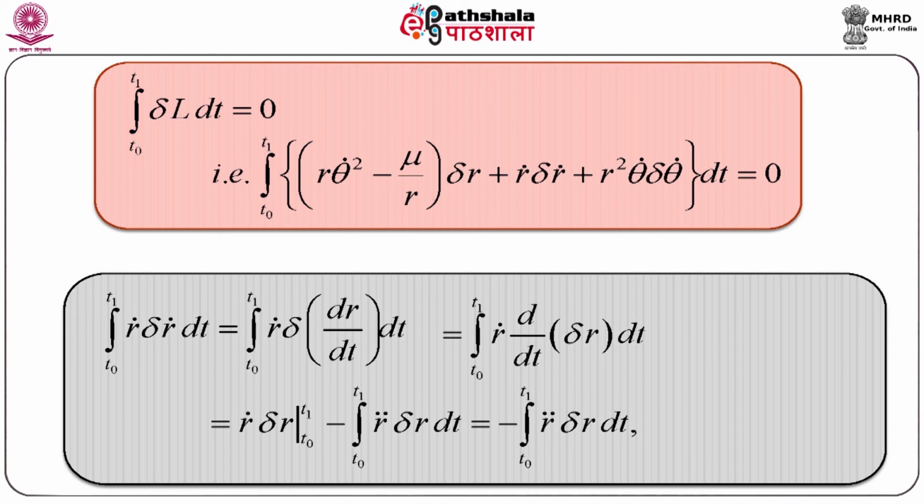Here we have used the integrating by parts formula. Therefore, integration T0 to T1 r dot delta r dot dt equal to minus integration T0 to T1 r double dot delta r dt. Since the end configurations are prescribed, delta r at the point T0 equal to 0 and delta r at the point T1 equals 0.